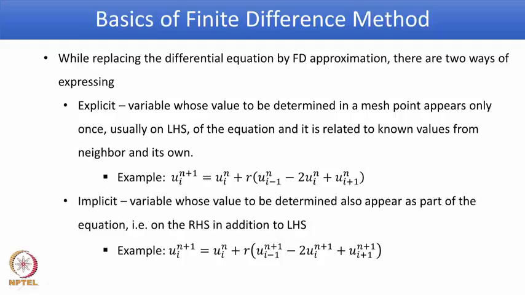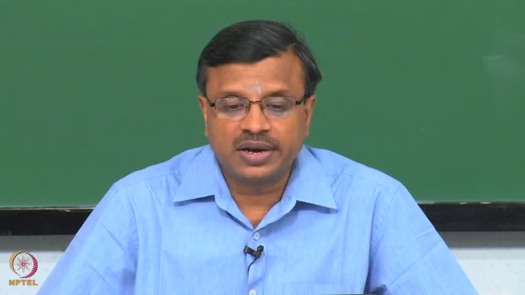So, you are not able to bring out a very clear expression for the variable to be determined. It also becomes part of the right hand side, hence some rearrangement needs to be done. This is known as an implicit formulation.